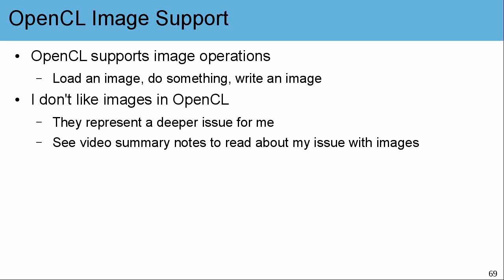If you never heard of it, don't worry about it. It's just feedback I've given. So they are there, but I'm not going to cover them. I've actually never even used them. There are interesting properties about images, but I do general purpose stuff, not image processing. If I was doing image processing, I'd be using them.